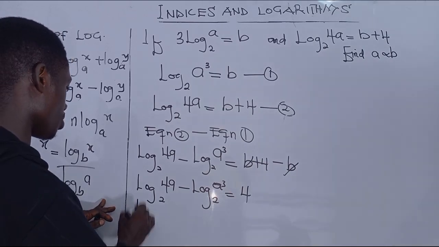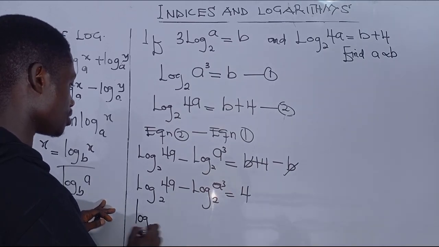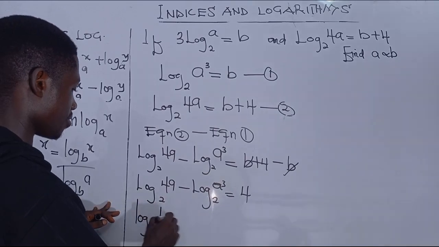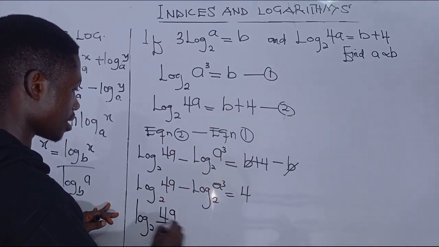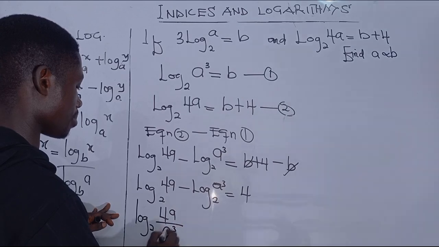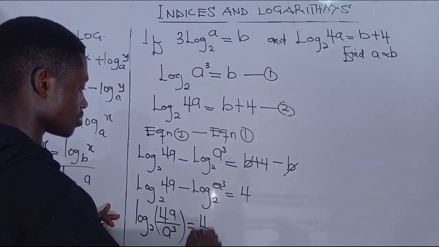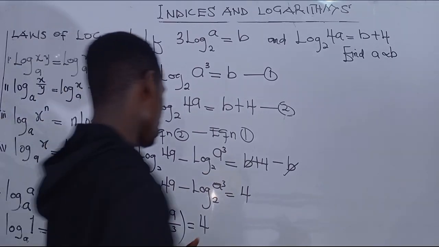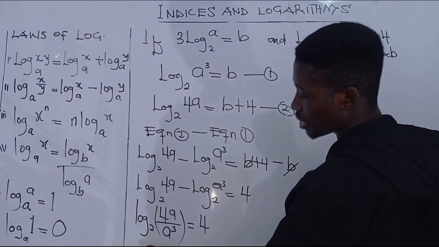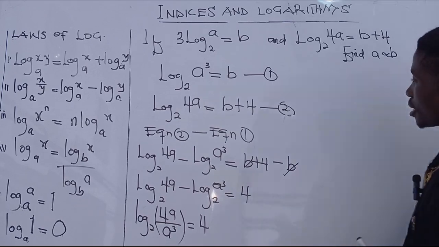We are just going to pick one of the logarithms, log to the base of 2, and then we have 4a all over a raised to the power 3, giving us what? 4.